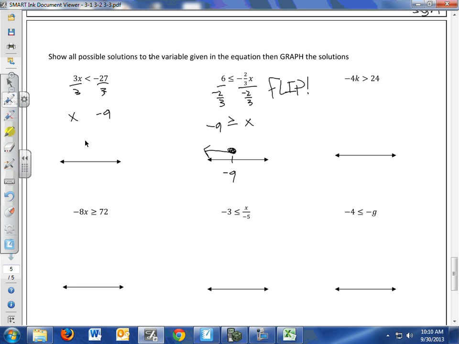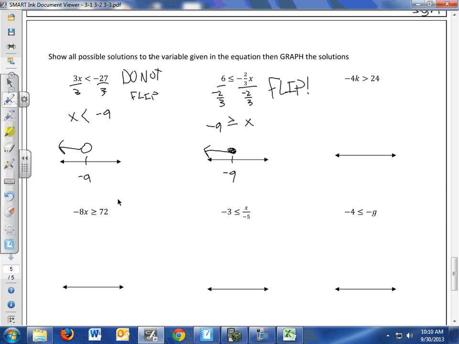What's that? No. I do not, because I'm dividing by a positive. Doesn't matter that this ends up being negative. I do not flip, because I'm dividing by a positive. And we just have x is less than negative 9. Open circle, arrow to the left.